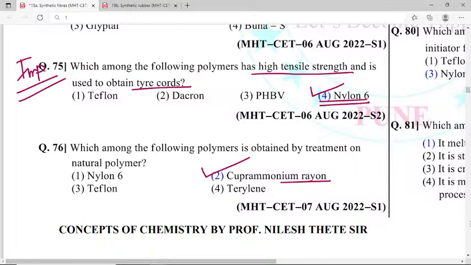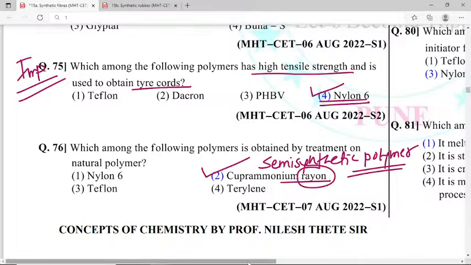This is called a semi-synthetic polymer. Semi-synthetic polymer, cupra ammonium rayon. All rayons are semi-synthetic polymers.